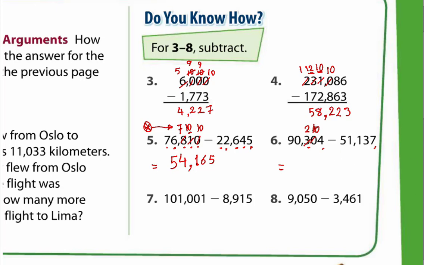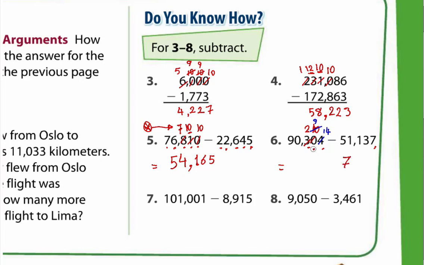Now let's borrow from this 10. It will be 9, and the 4 will be 14. 14 minus 7. 7. Great.